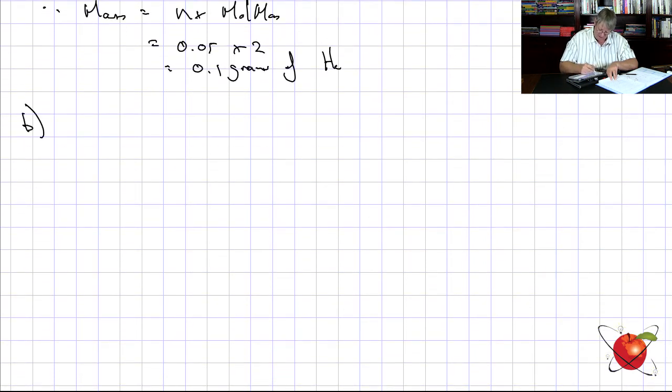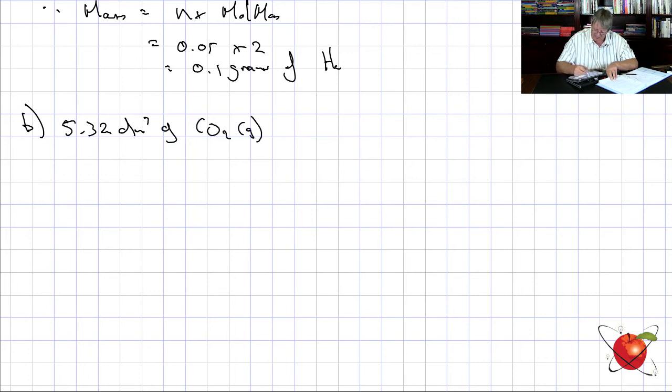Question B says 5.32 decimeters cubed of CO2 gas at STP. What's so special? STP, standard temperature and pressure. Those of you who did this course with me know this is a trigger point.